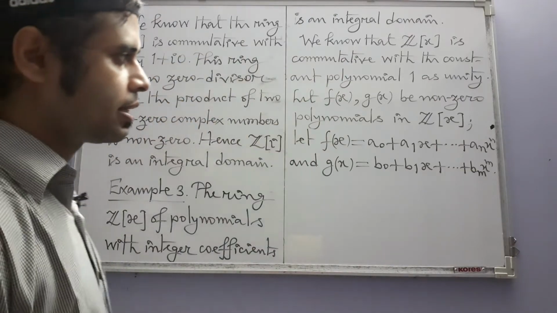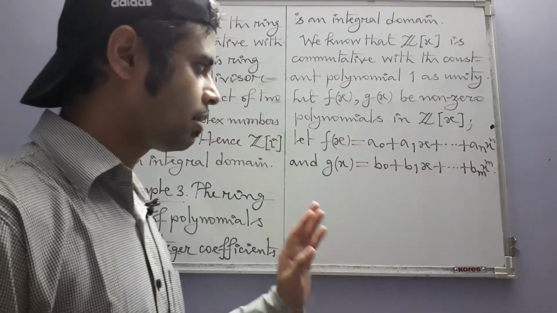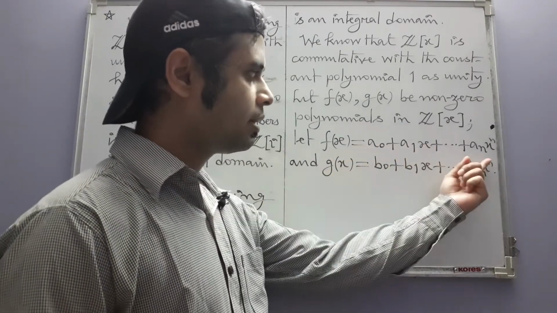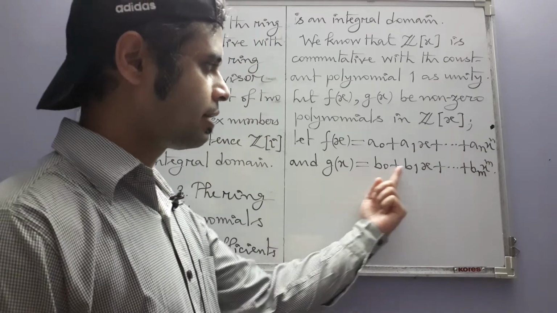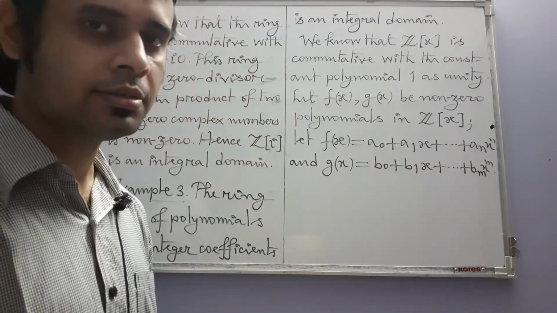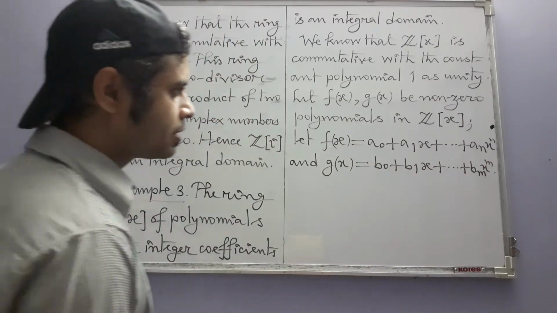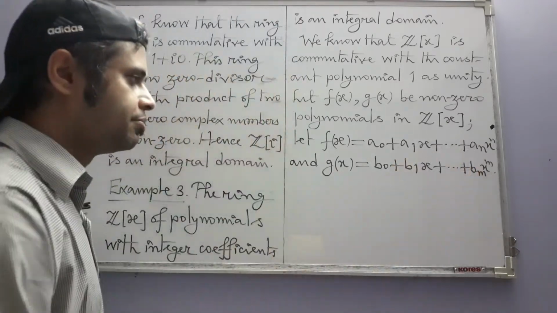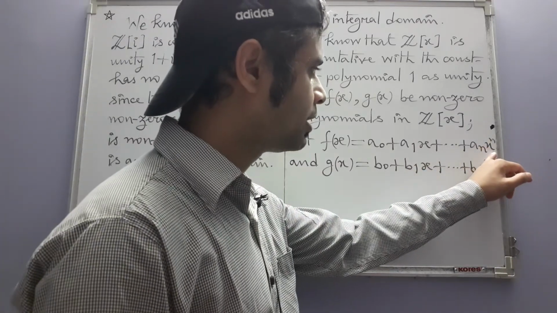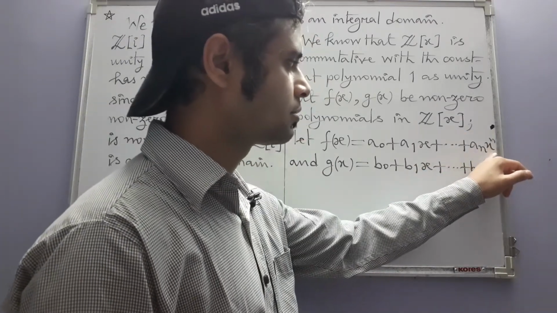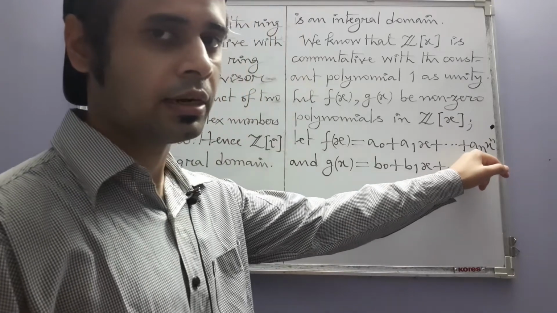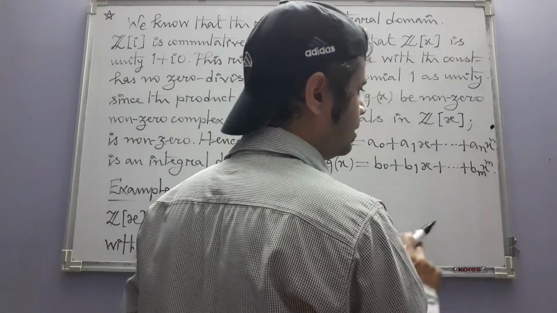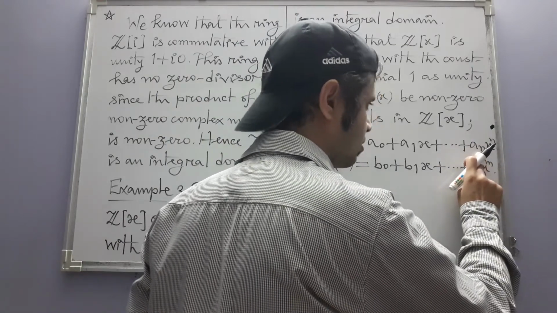And you can understand that this n and m are non-negative integers. At least one ai is non-zero and at least one bj is non-zero. In particular, there is no point in writing those terms where the coefficients are equal to 0. So we can in fact assume an to be non-zero.